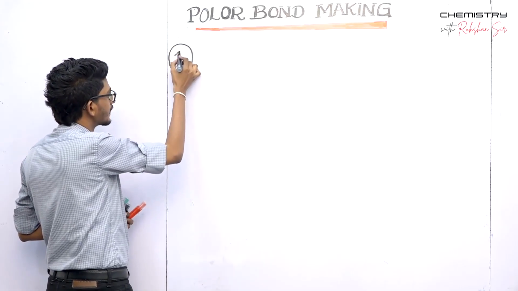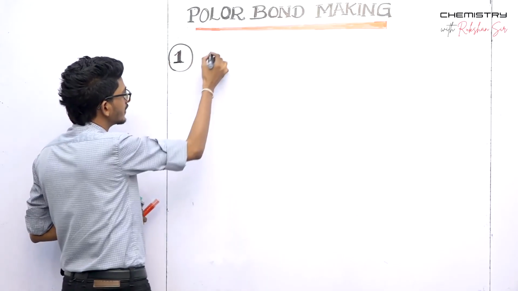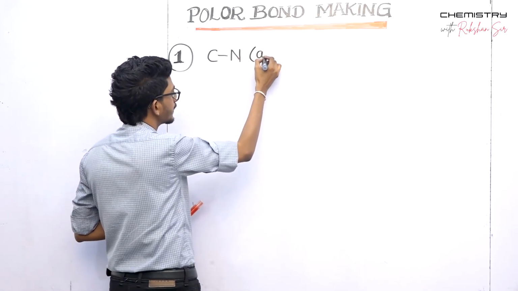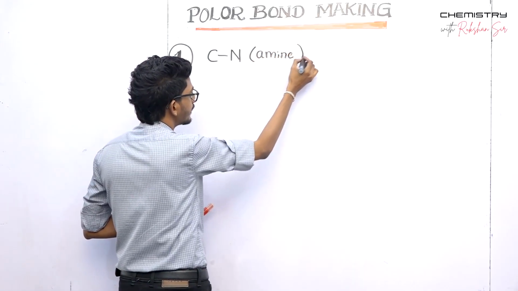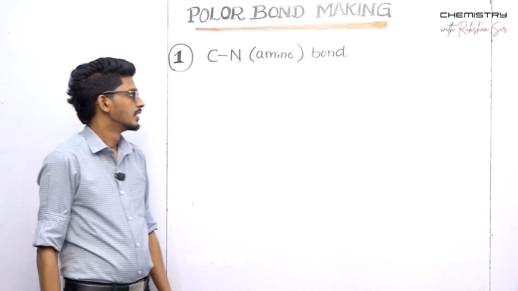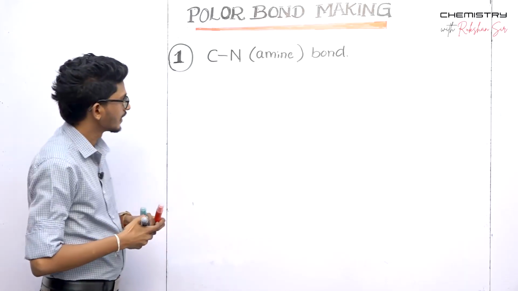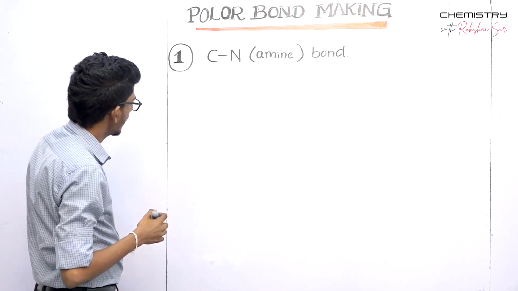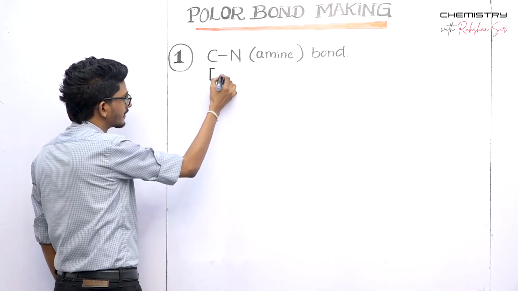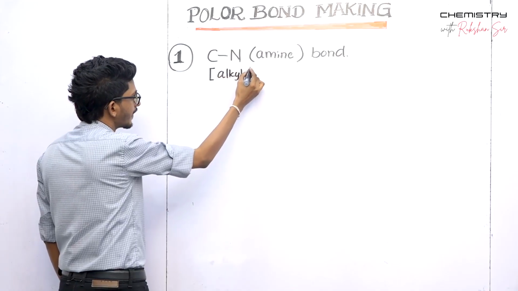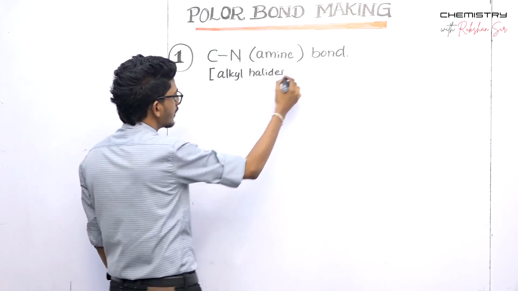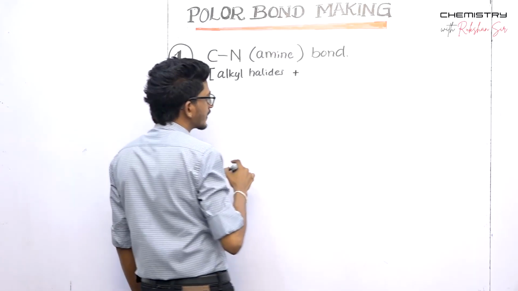thing is about making the CN bond, known as the amine bond. Basically, amine bonds are made by reacting alkyl halides with amines.